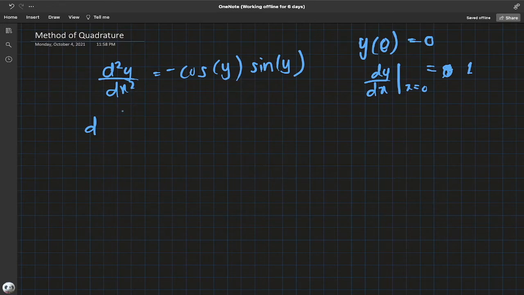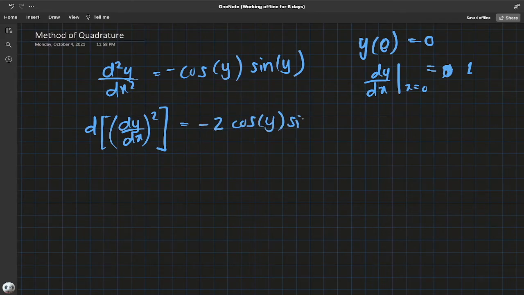I'm just going to skip steps. We have half, the derivative dy over dx quantity squared, so I'm taking the 2 on that side, equals negative 2 cosine of y sine of y dy, because this is after integrating with respect to x.